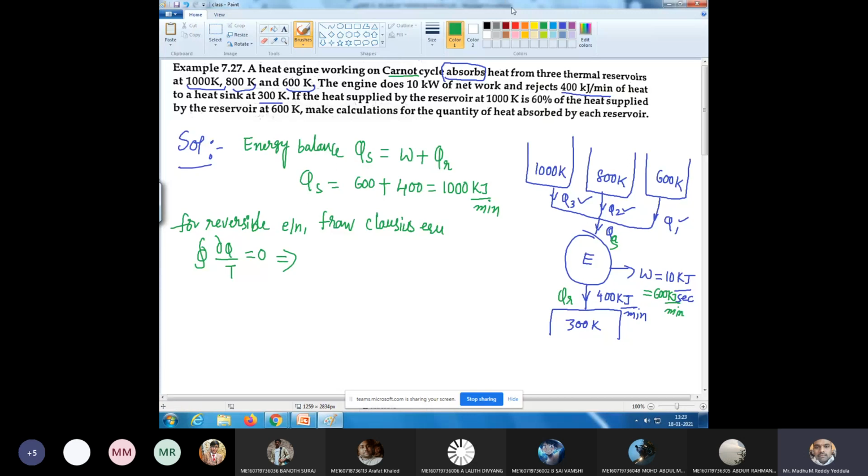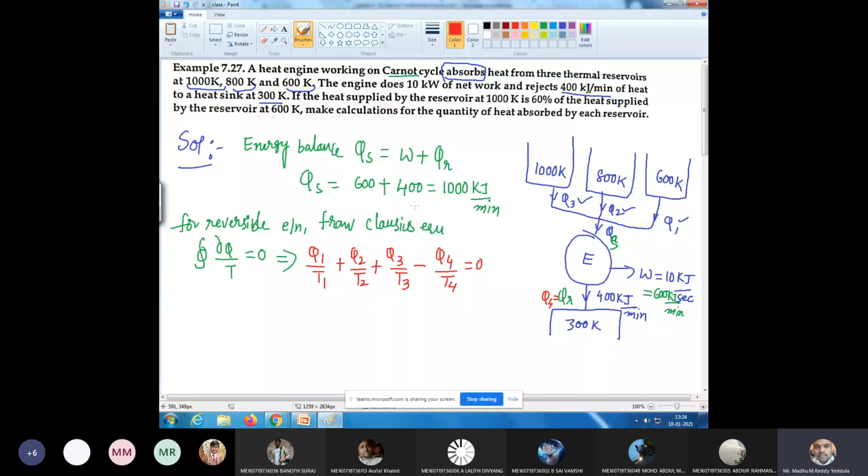Which implies, if I write, let us say first one, Q1 by T1 plus Q2 by T2, because heat supplied is positive always, plus Q3 by T3 minus, let us say this is Q4 rejected, minus Q4 by T4 is equal to 0.